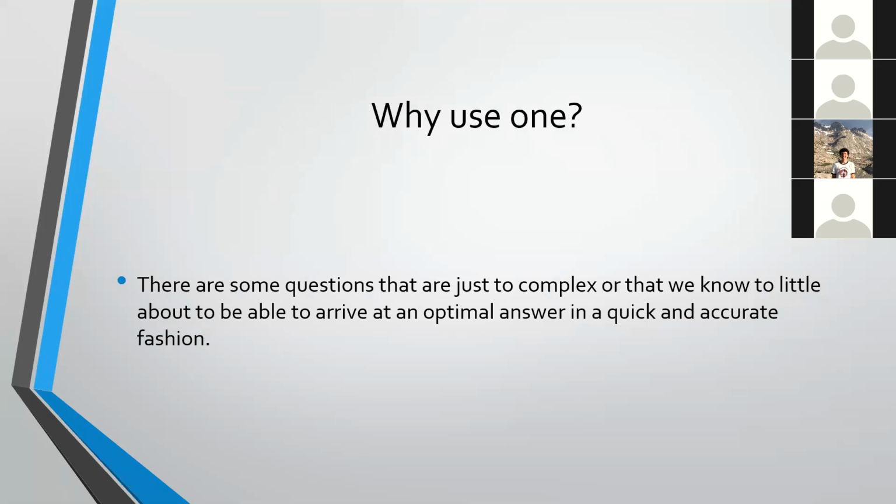So why would you use a genetic algorithm is probably the next question. Well, the big thing is they tend to get used in problems that are just too hard or we just don't know enough about to be able to solve normally. Or in the case of my research, there's definitely sprinklings of that.